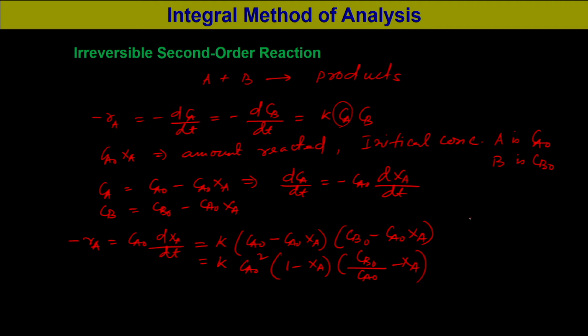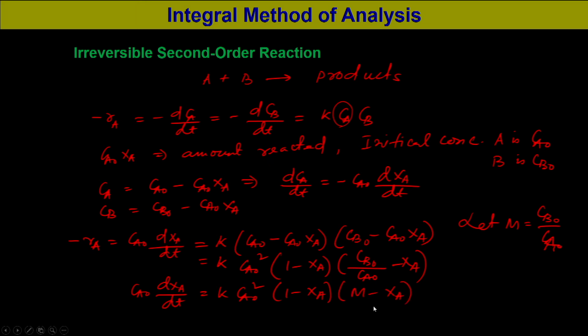Now, let m be equal to C_B0 by C_A0. If we assume that m is equal to C_B0 by C_A0, we can write this expression as C_A0 dx_A/dt equal to k C_A0 squared 1 minus x_A into m minus x_A.